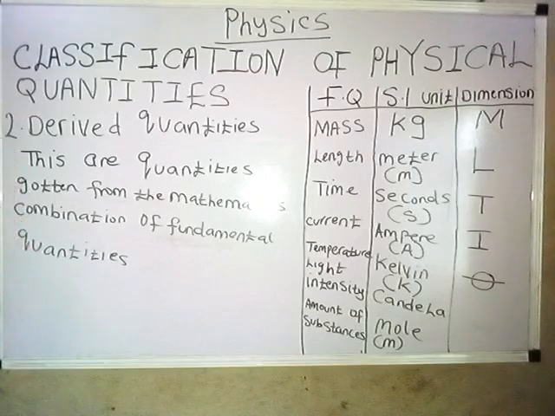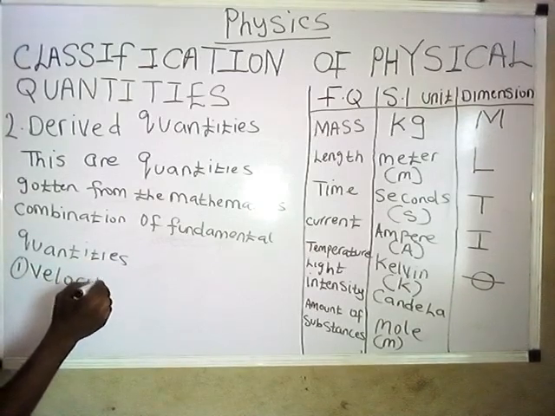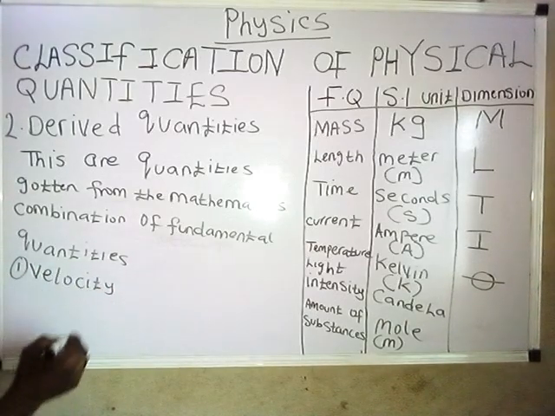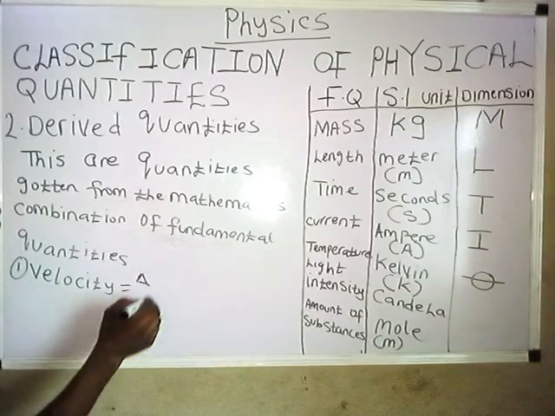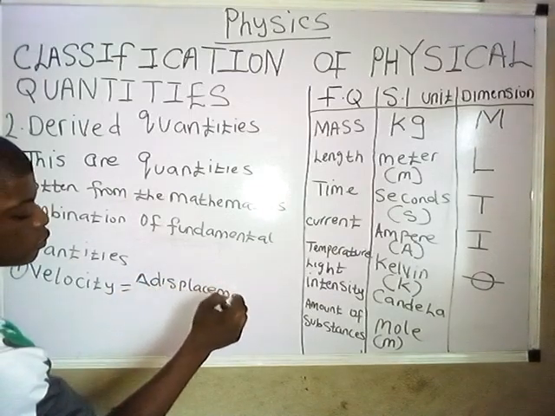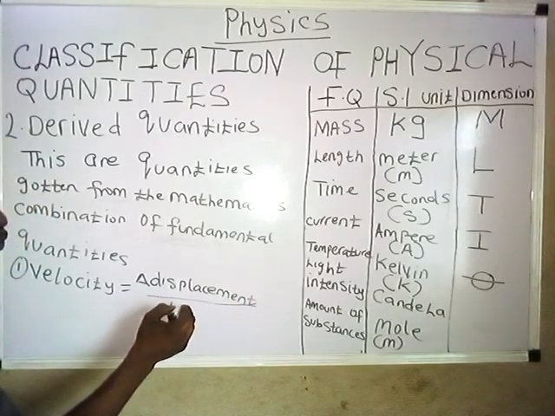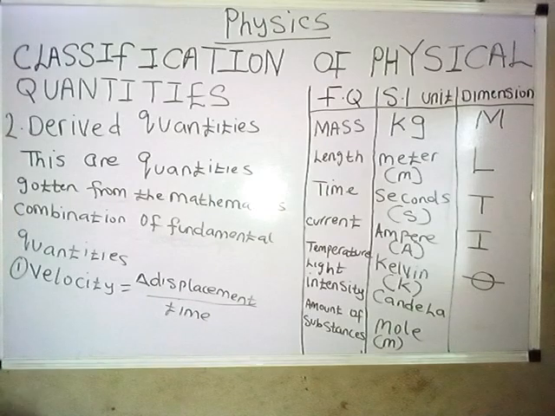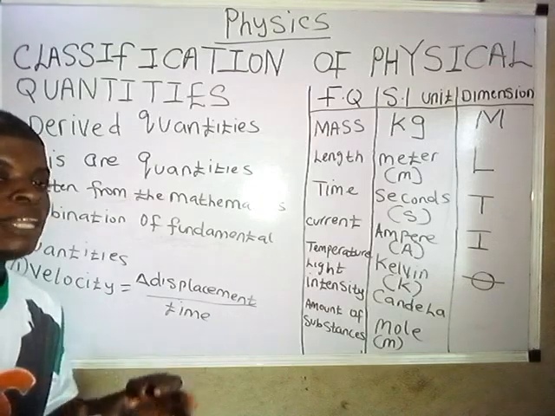Number 1, let me give an example: velocity, which can be gotten as the change in displacement over time. There are others like acceleration, density, Young modulus, compressibility.